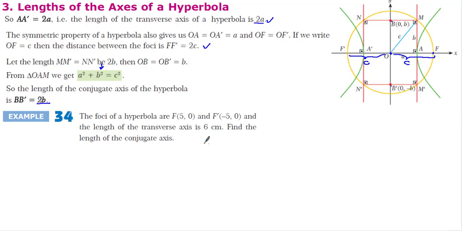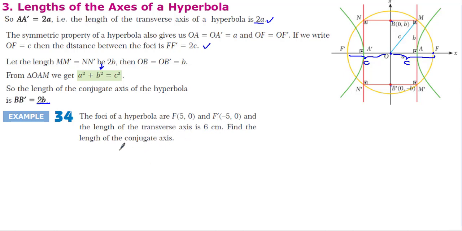Here is the question, and we are going to use the formula I'm talking about. The foci of a hyperbola are (5, 0) and (-5, 0), and the transverse axis is 6. Find the length of the conjugate axis.